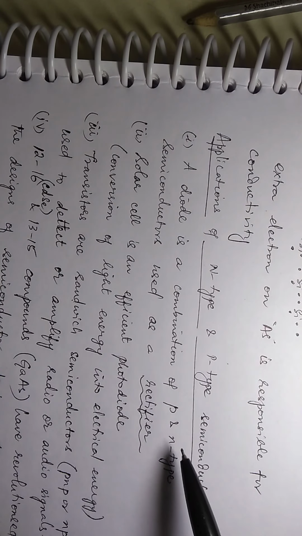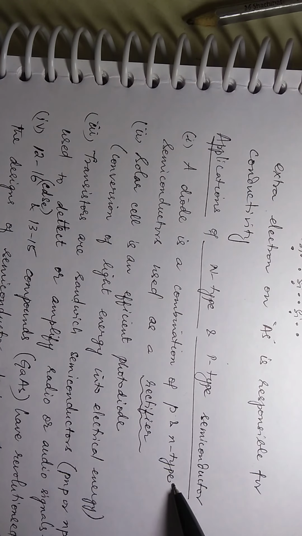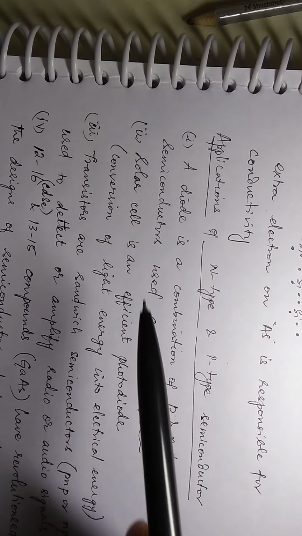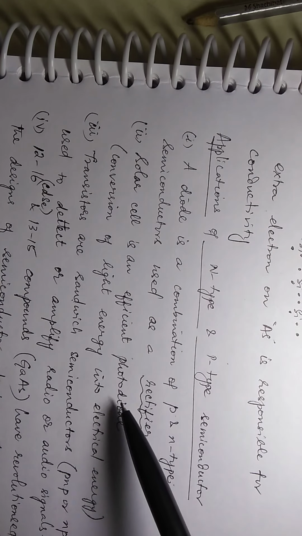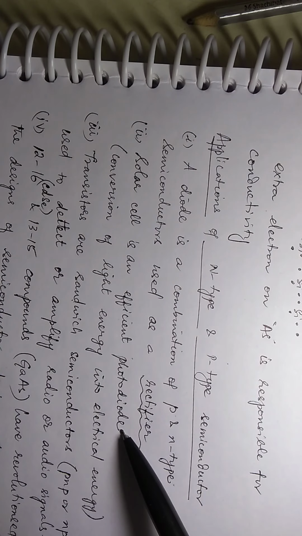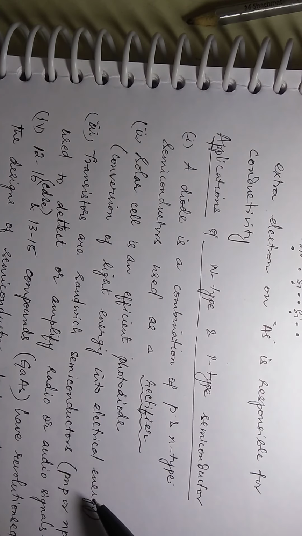It's a combination of p-type and N-type semiconductor, and it is used as a rectifier. You must have studied all these things in your physics. A solar cell is an efficient photodiode. It is used in the conversion of light energy into electrical energy.